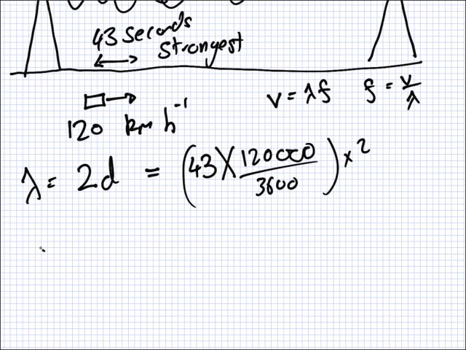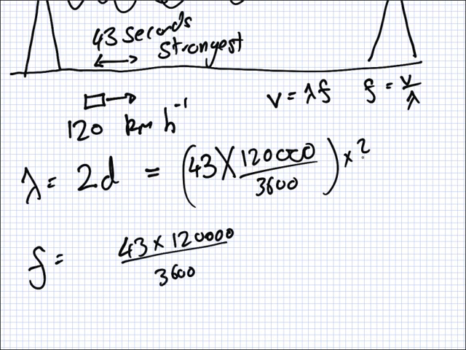So the frequency will be 43 times 1200, how many zeros? 4 zeros, isn't it? Over 3600 times 2. That's the wavelength, so that's under 3 times 10 to the 8.